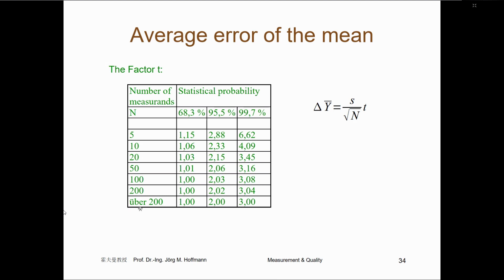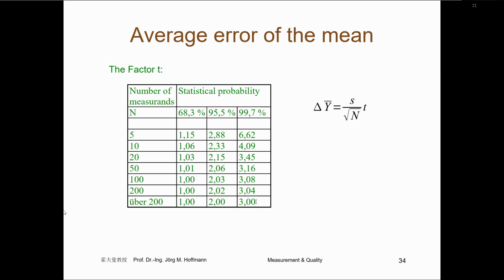And when you have more than 200 values, therefore I have told you more than 200 values, you can take the s for the sigma, and you can take the mean for the mu. You see over 200 values. This is 1s.